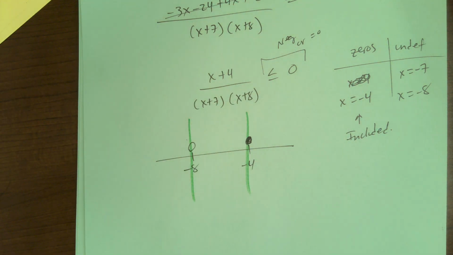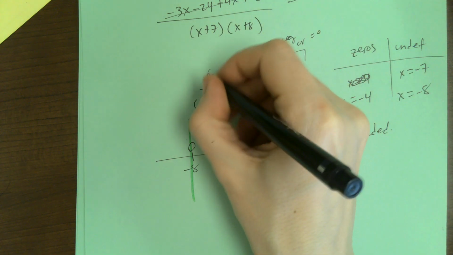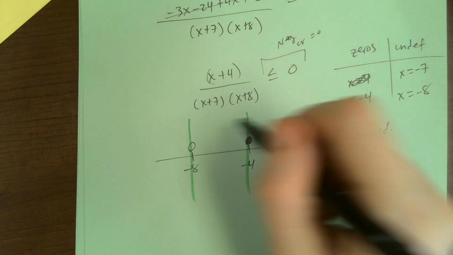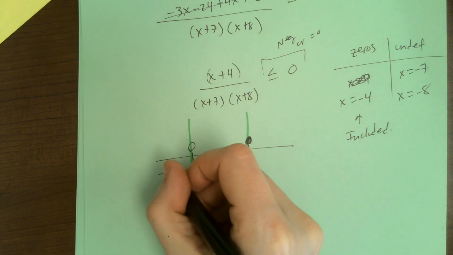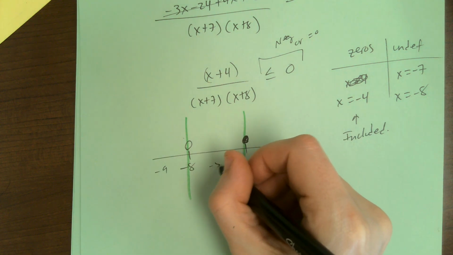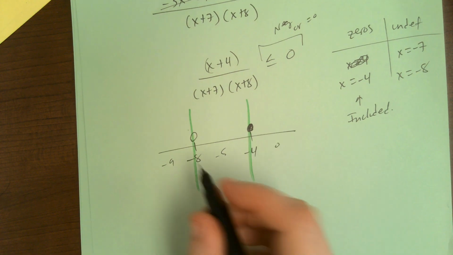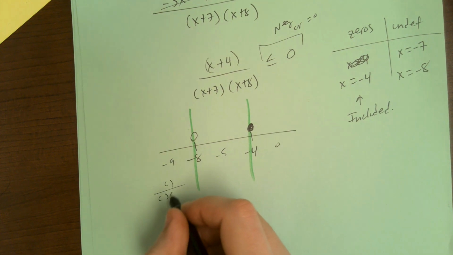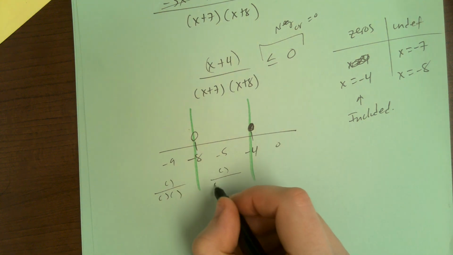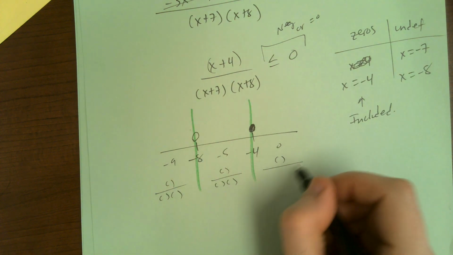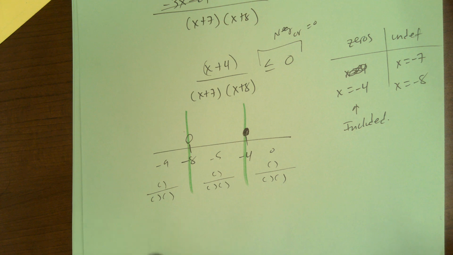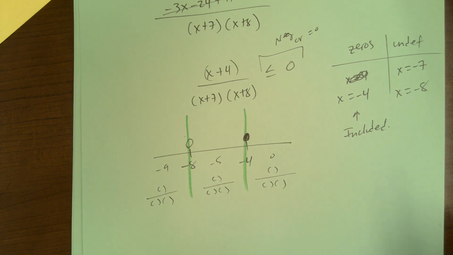Okay, and now I'm going to do the sign test. And I'm going to have these 3 binomials. So we'll do like negative 9, negative 5, and 0. All right, guys, negative 9.